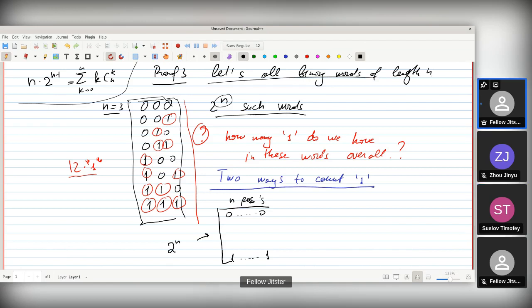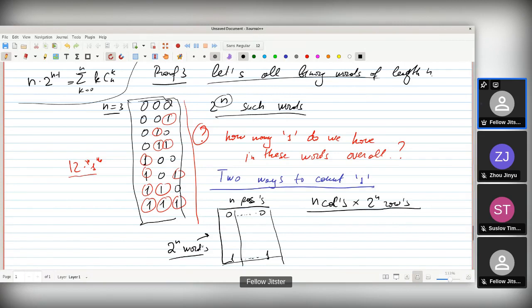In general, 2 to the power n words. So what is the size of this table? So we have n columns and 2 to the power n rows.